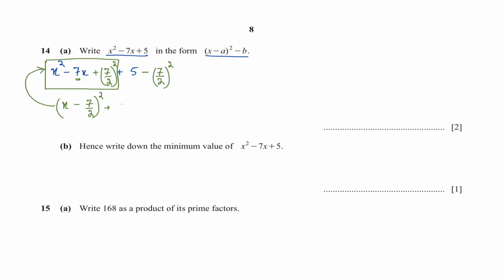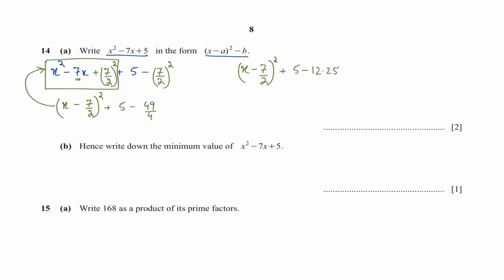Now we further need to evaluate what 5 minus 49 upon 4 is equal to. 49 upon 4 is 12.25, so I just need to figure out what 5 minus 12.25 is going to be. So x minus 7 upon 2 the whole thing squared as it is, plus 5 minus 12.25.